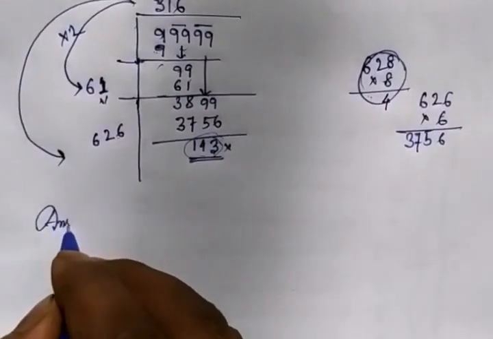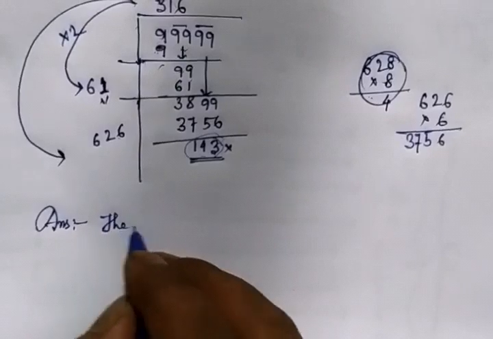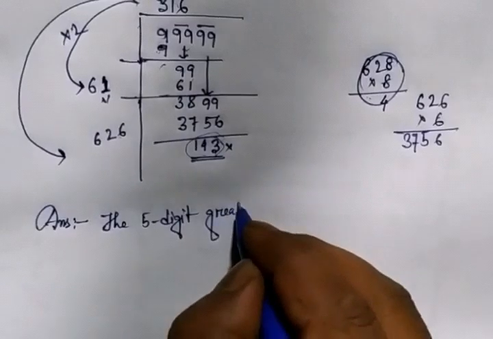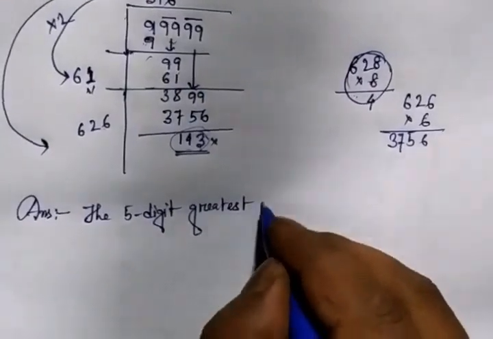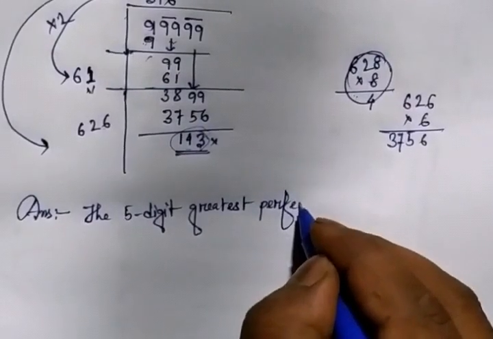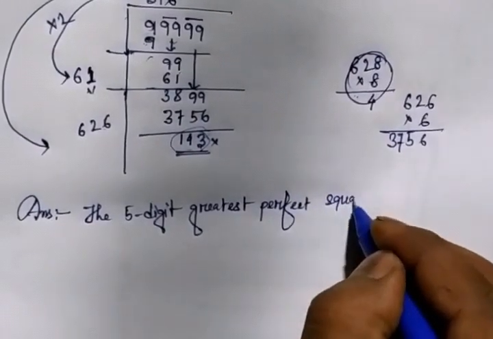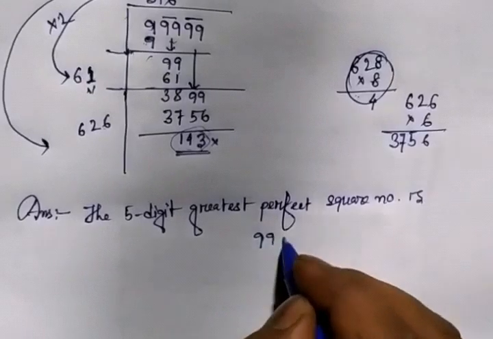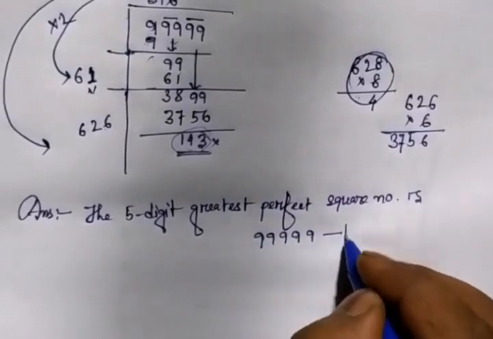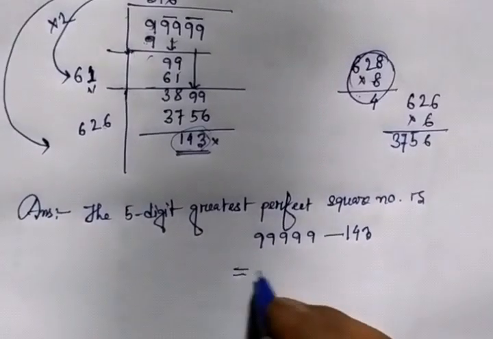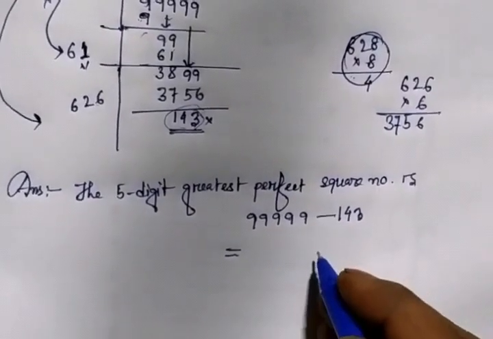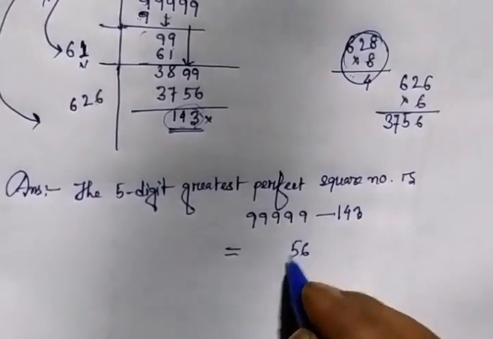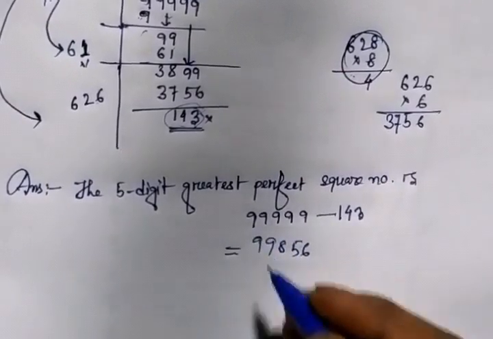So the answer for the greatest 5-digit perfect square number is 99999 minus 143. So it becomes 99856.